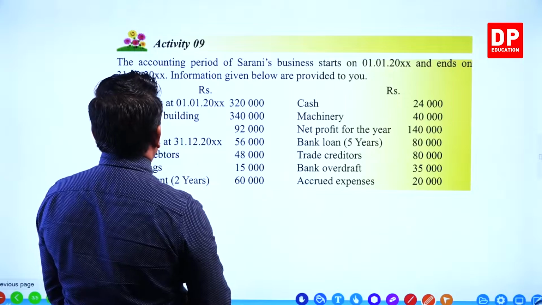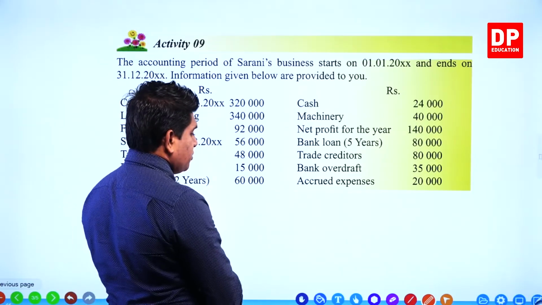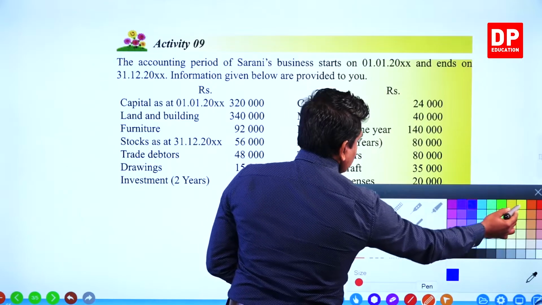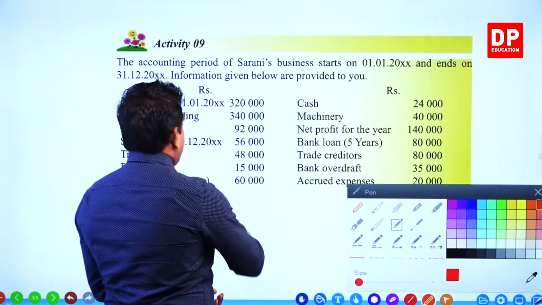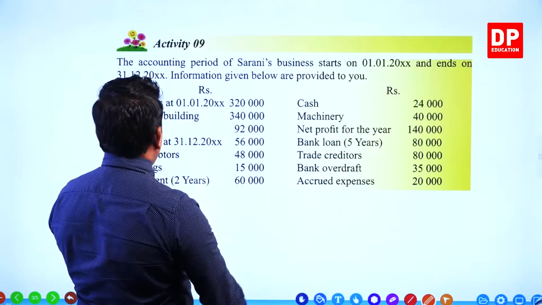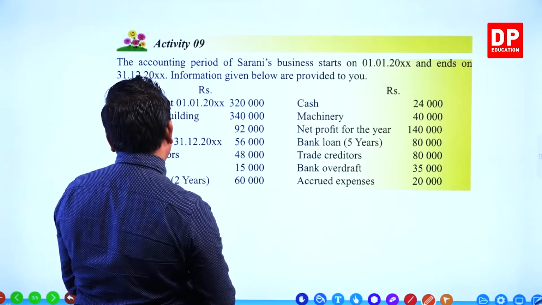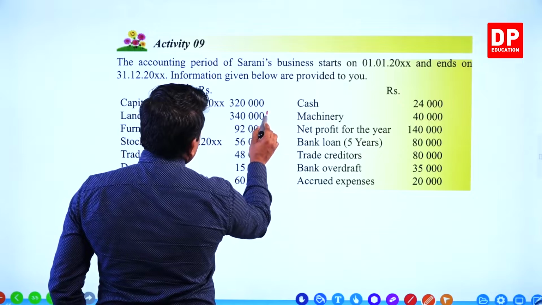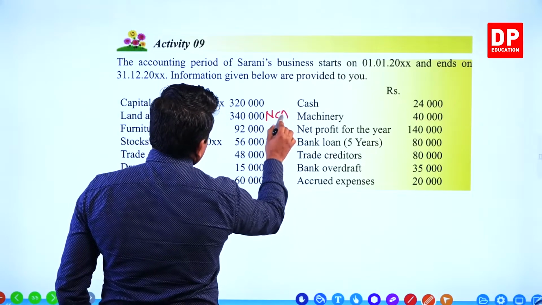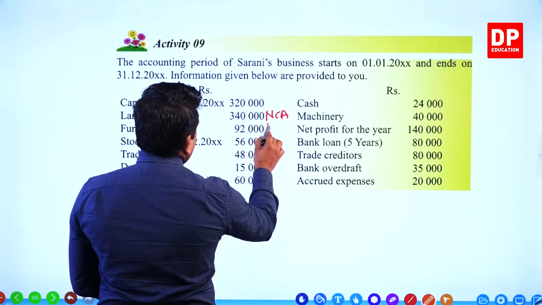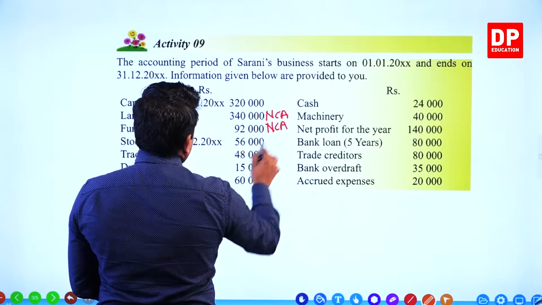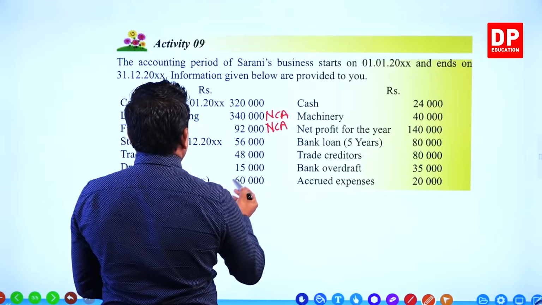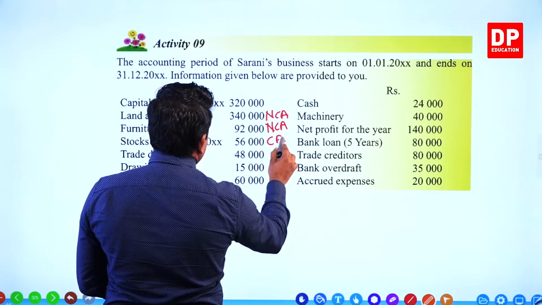Capital, how much? 320,000. Then you can also put in front of each item where it goes. Capital is capital, right? No place to record, no need to mention it. But land and building, non-current assets. Furniture, non-current assets. Stocks as at 31st December, current assets.